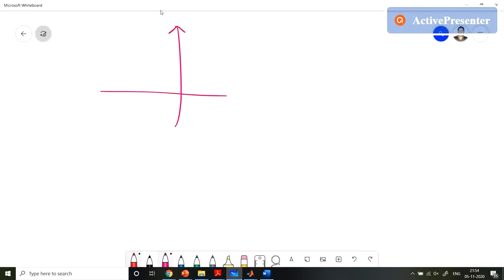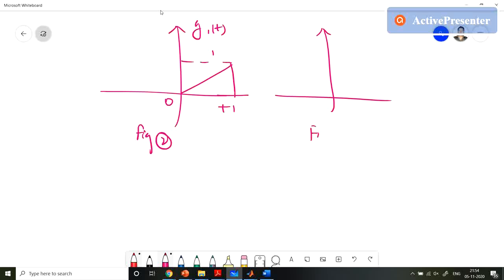So figures 2, 3 and 4 are shown here. So this is figure 2, this is g1(t), this is 0, this is plus 1. Then figure 3, this is g2(t).